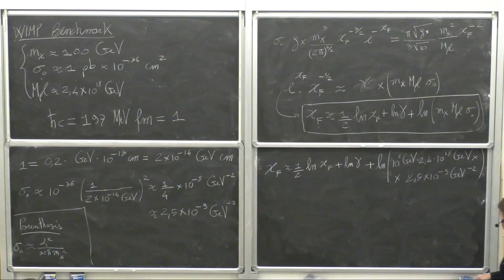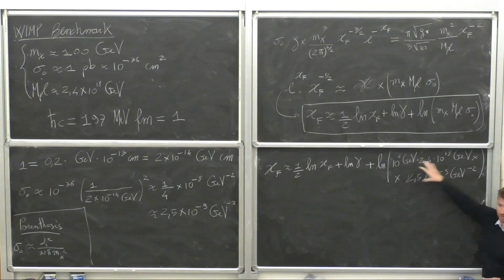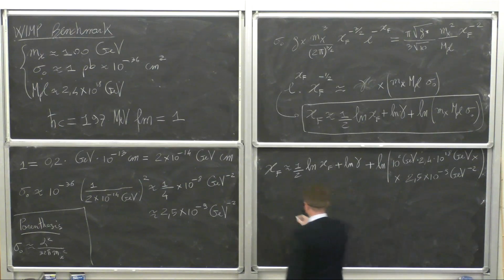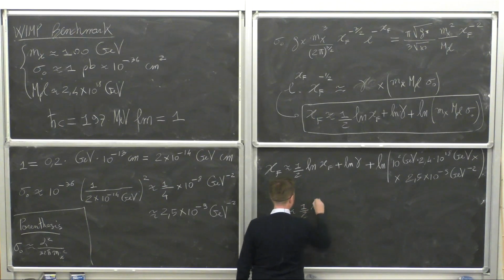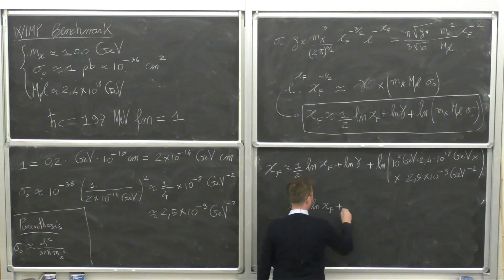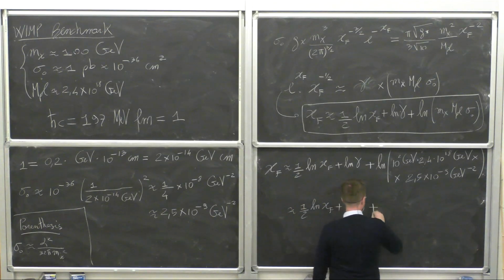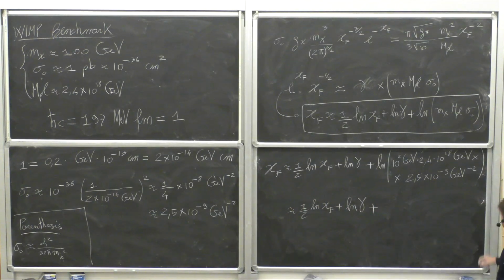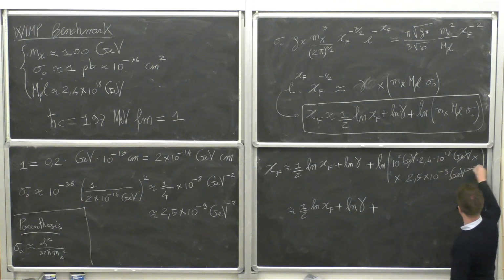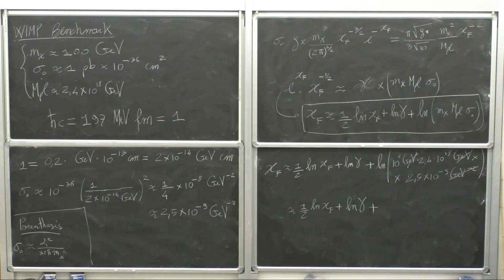Please forgive me about the argument of this log going on 2 lines, but this is really a product. Very good. Now let's see what is left over here, because GeV to the minus 2 go away. Nice, so the log dimensions are gone.